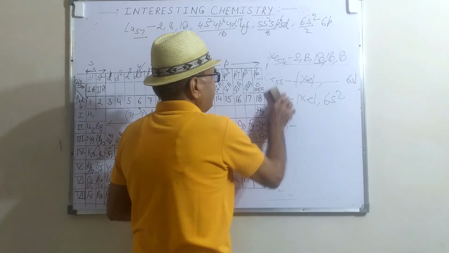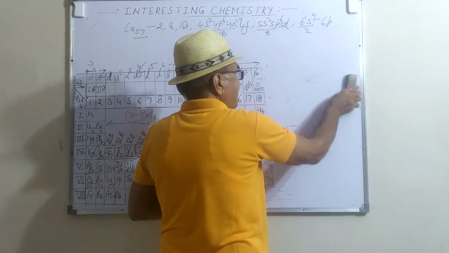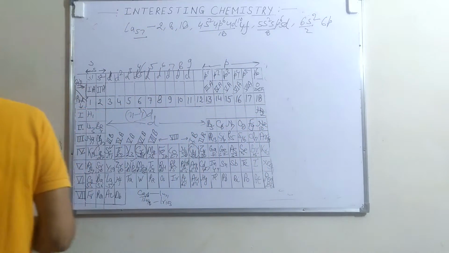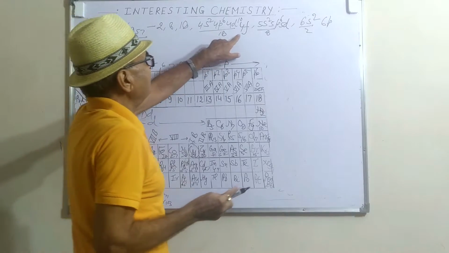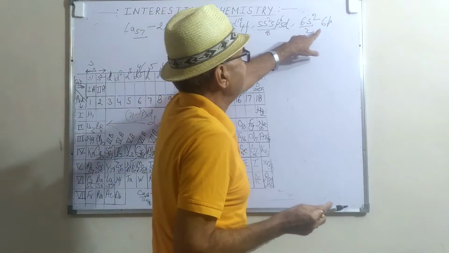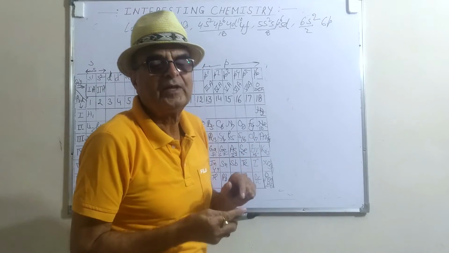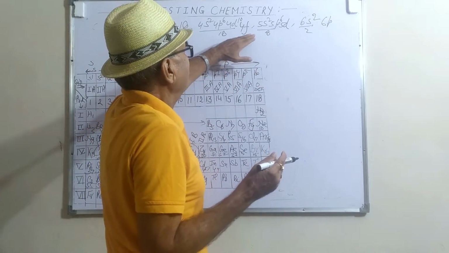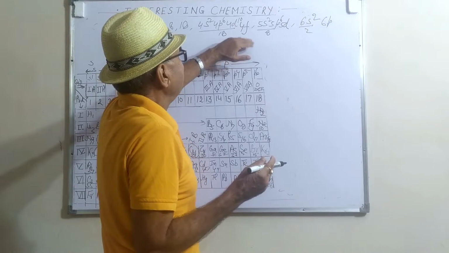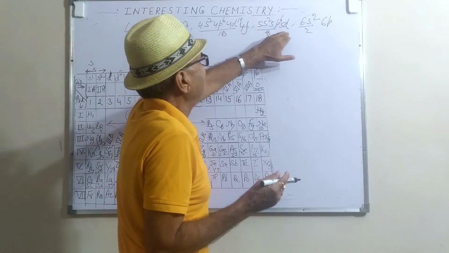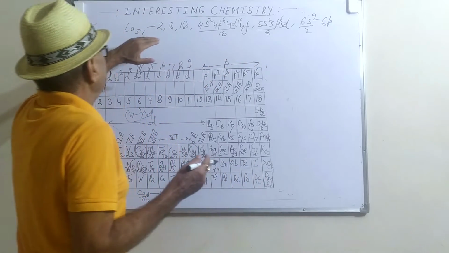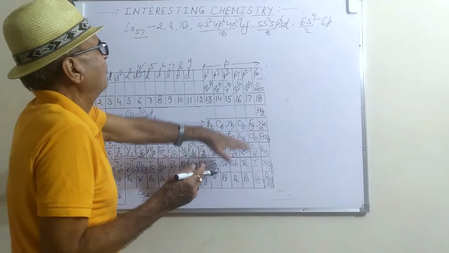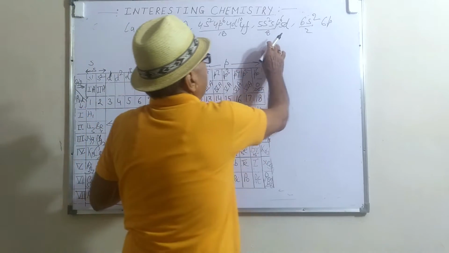Please try to understand: 4f, 5d and 6p. Decide in which orbital the 57th electron will go.